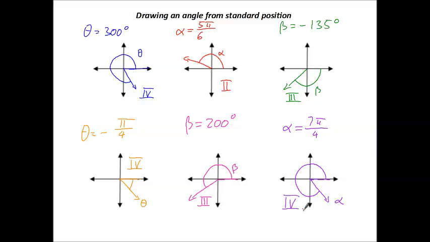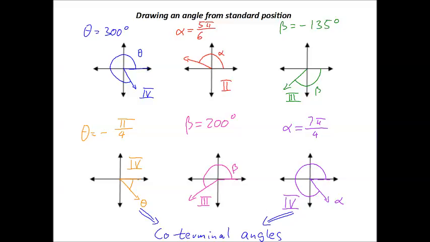Okay, so now let's have a look at our angle theta in orange down here and our angle alpha. And even though the measurements look different, these two angles land in the same spot. Only theta went clockwise in a negative direction, while alpha went counterclockwise in the positive direction, but they both landed in the middle of the fourth quadrant, and we call that coterminal angle.